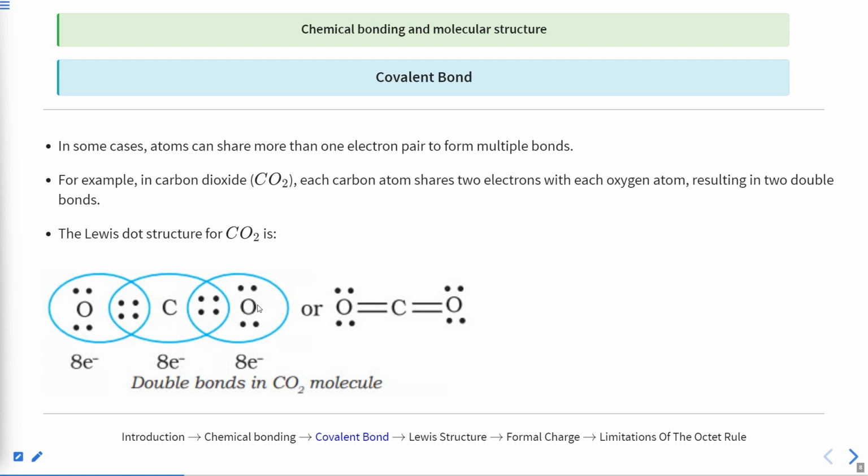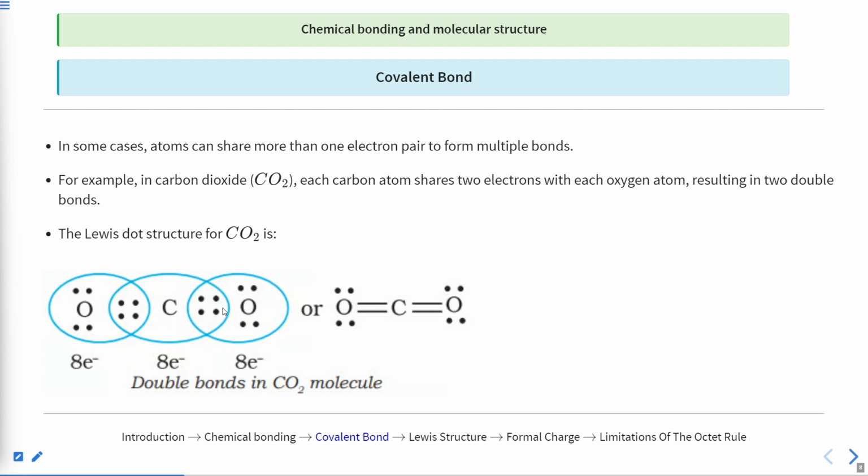Now, whatever electrons are left out, what is the meaning of left out? If you go back to the Venn diagram, the ones which are shared are in the intersection part. If you take the intersection of this and this, you will find 4 electrons in the intersection. Similarly, if you take carbon and the right oxygen, the intersection of these two again has 4 electrons, right?